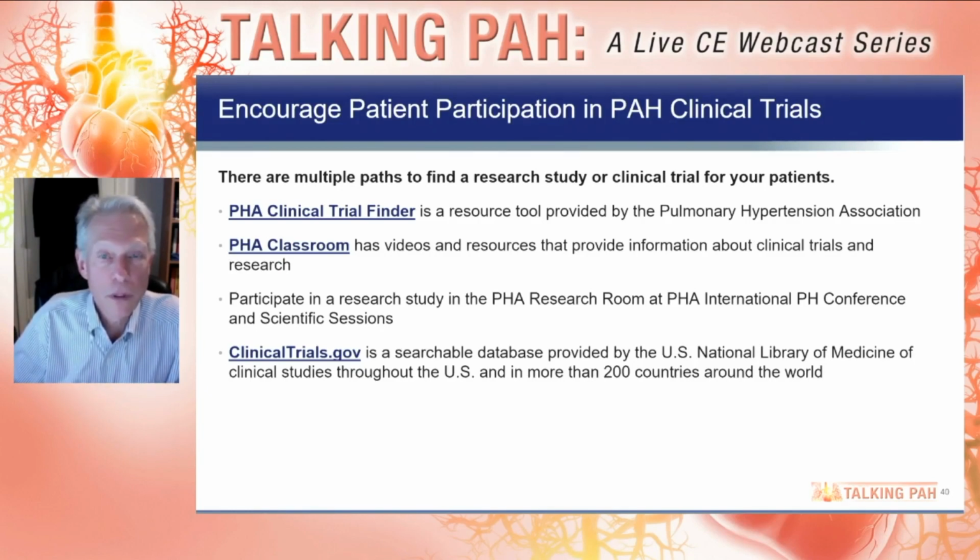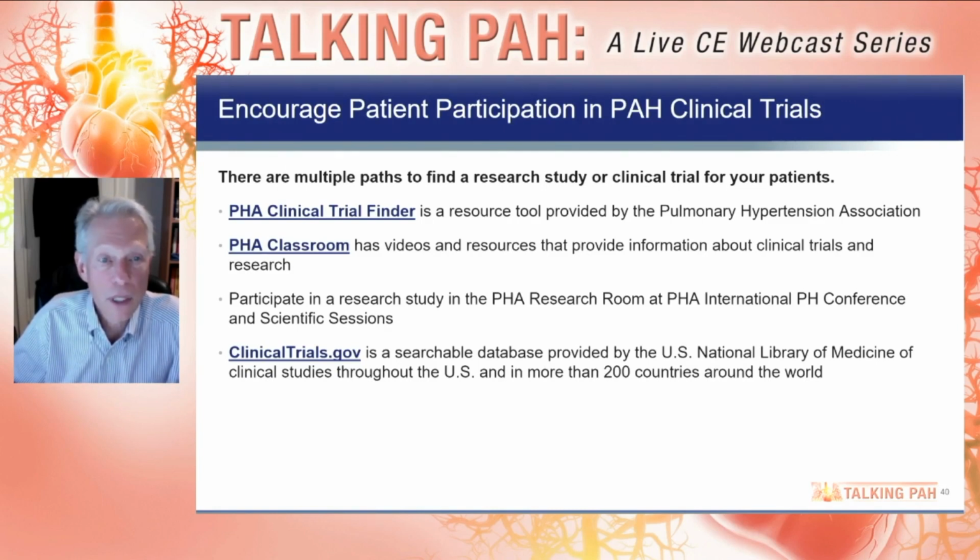So I'm going to talk now about where we are in development of new therapies. And I think for all of you out there who either care for patients or want to make sure those patients are informed of the opportunity for a clinical trial, there are a number of places that those patients can look, as well as their providers. There is the Pulmonary Hypertension Association Clinical Trial Finder, which you can get through the PHA's website.